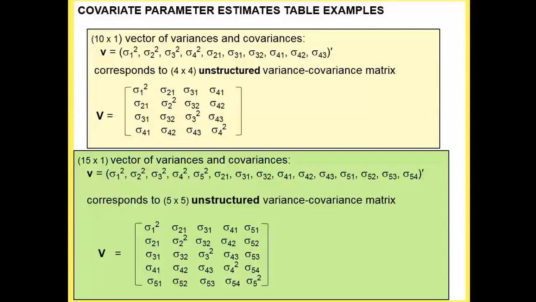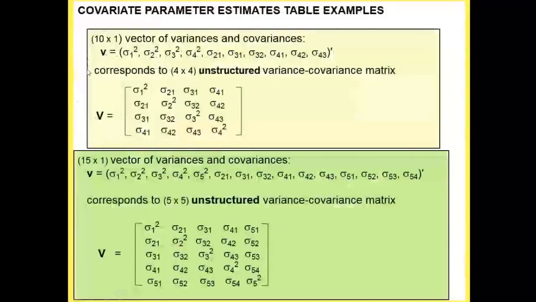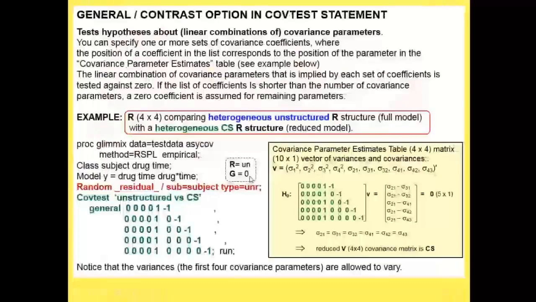That's what I did on the previous slide, where it says V: sigma 1 square, sigma 2 square, sigma 3 square, sigma 4 square. Those are the variances on the diagonal of this matrix. And then these are the covariances. The way this COVTEST procedure works, they have to be in the order in which I've written them.